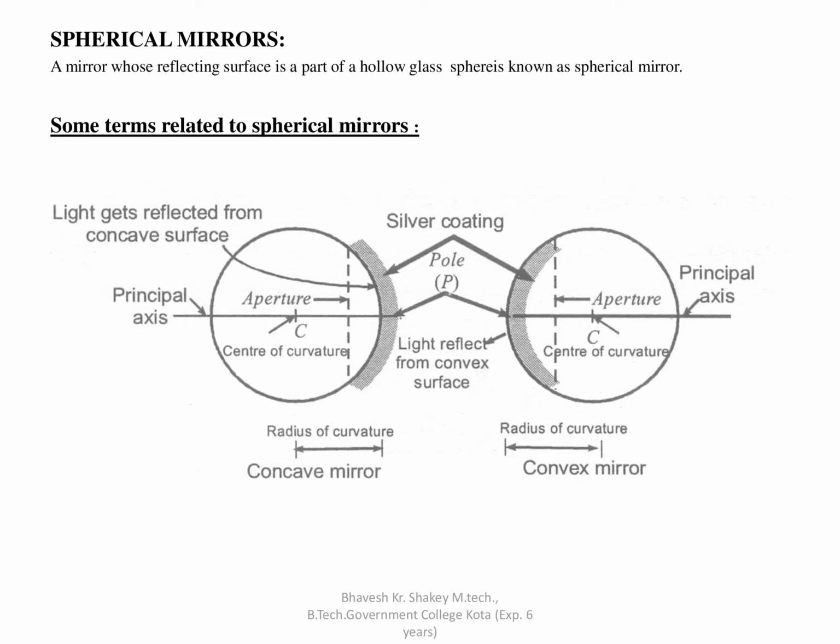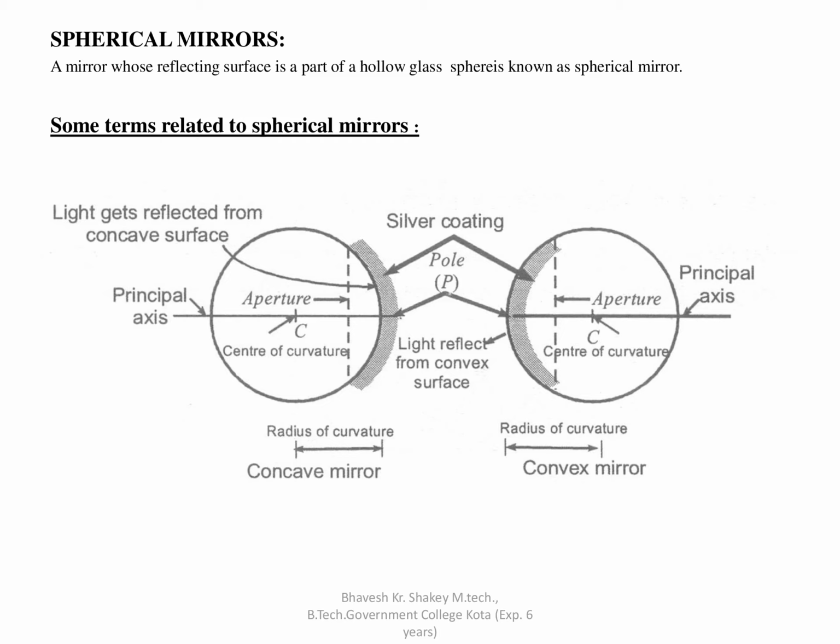So the first term is the pole. As you see in the diagram, there are two diagrams. In the first diagram the outer surface is silver coated, and in the second diagram the inner surface is silver coated.